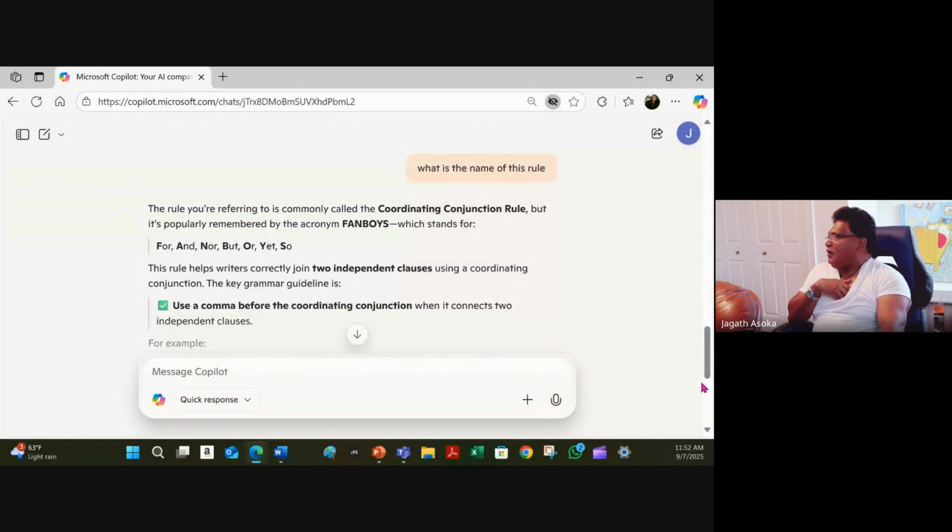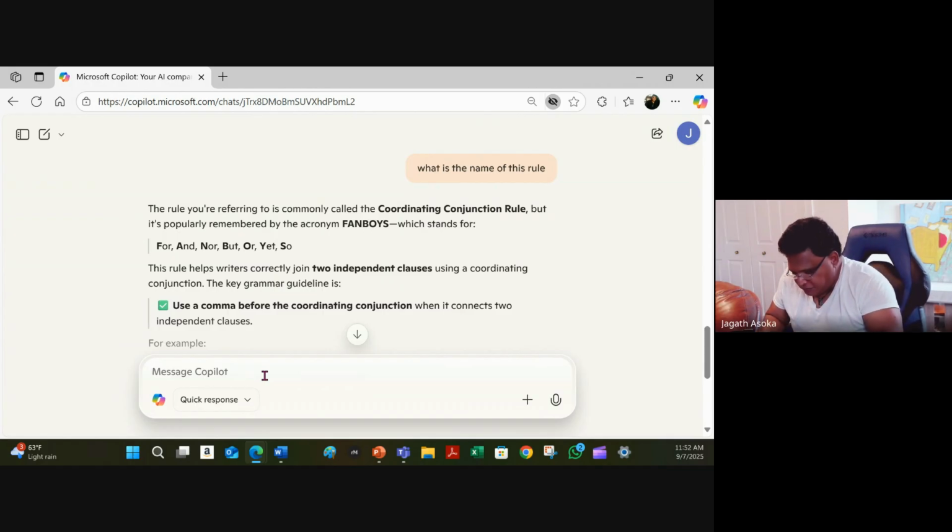The rule you referred to is the coordinating conjunction rule, right? Because these are the coordinating conjunctions. It is popularly remembered by the acronym fanboys. Okay, this is coordinated.